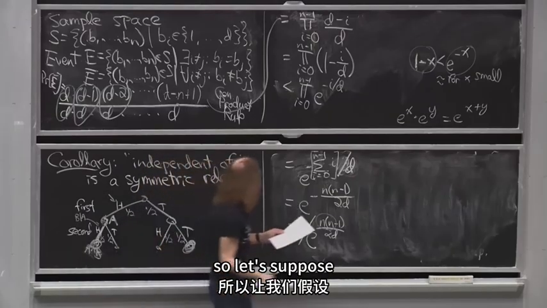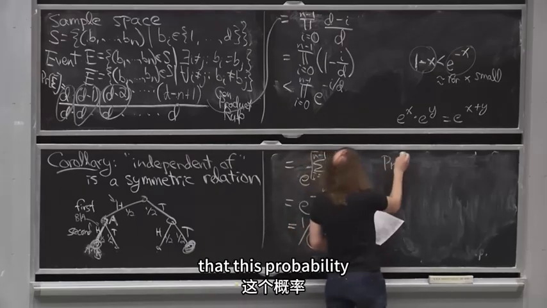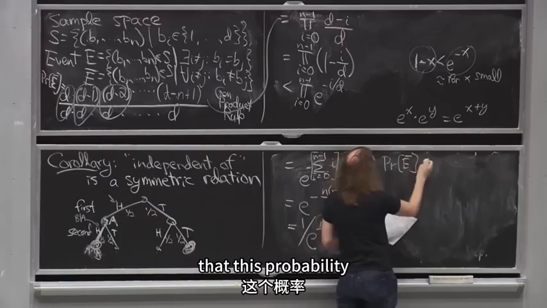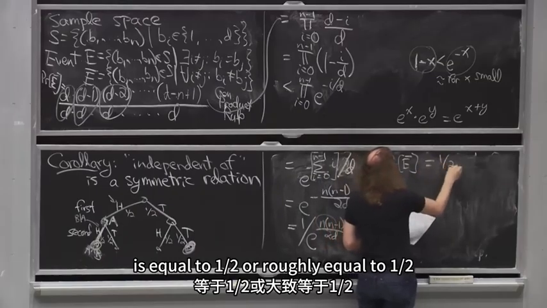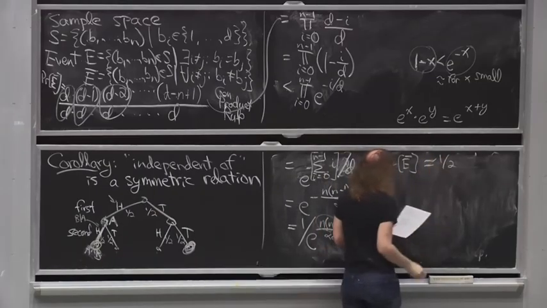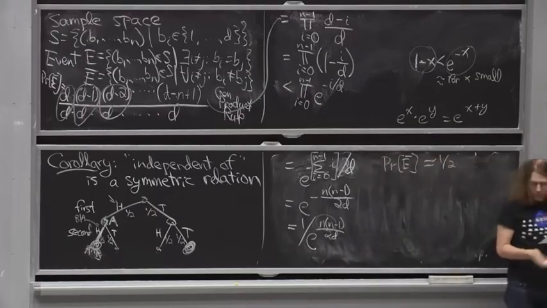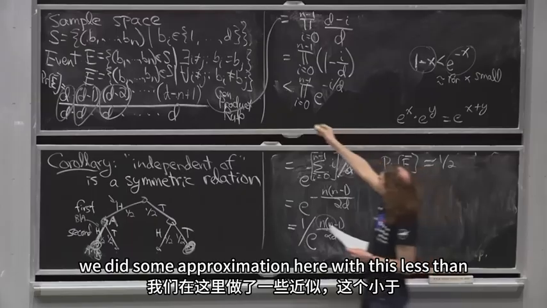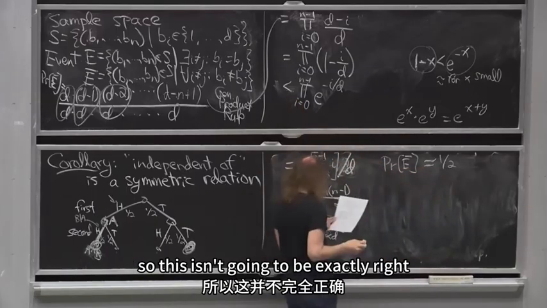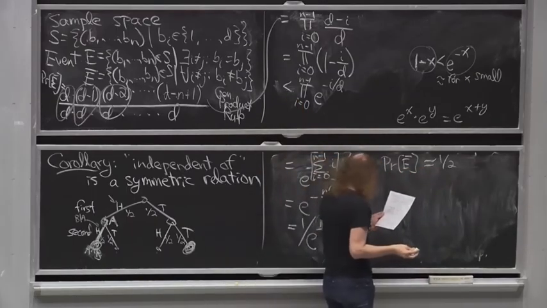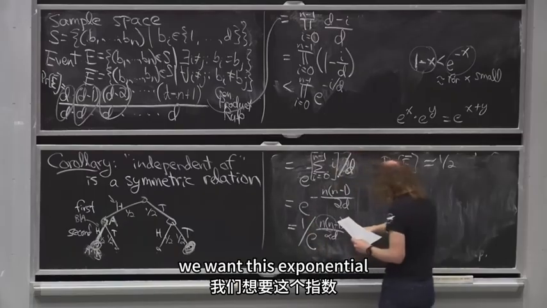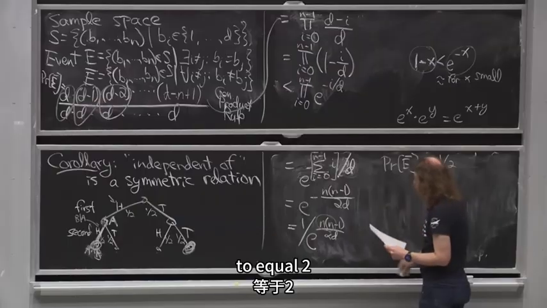So let's suppose that this probability is equal to 1/2, or roughly equal to 1/2. When does that happen? We did some approximation here with this less than, so this isn't going to be exactly right, but it's close. We want this exponential to equal 2.